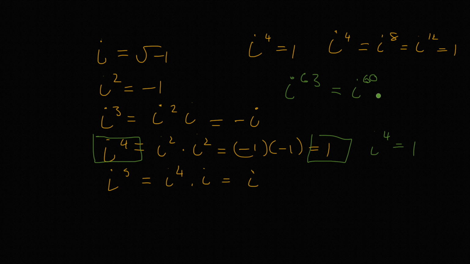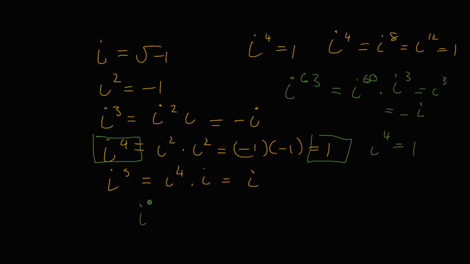So that would be equal to 1, and the remainder, i to the power of 3, would be the solution. We know i to the power of 3 is just minus i. So now we can solve any power of i.